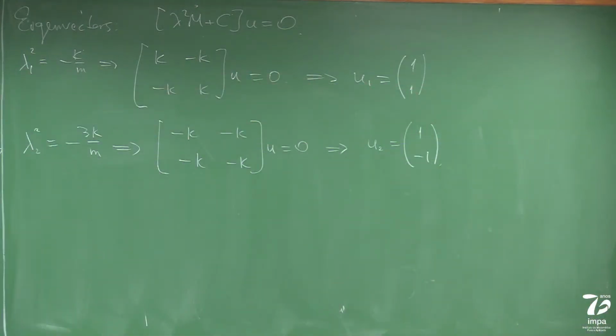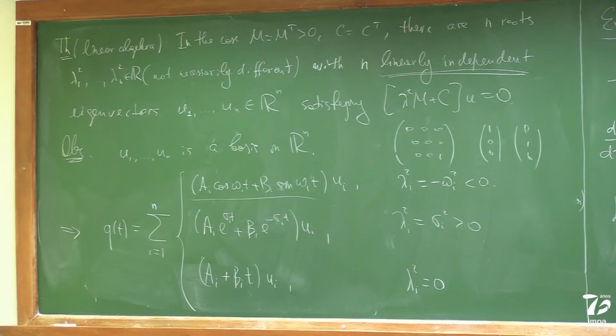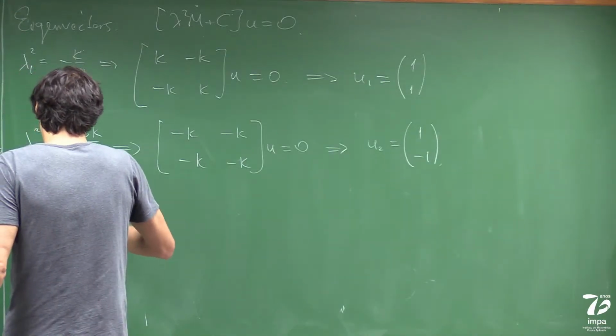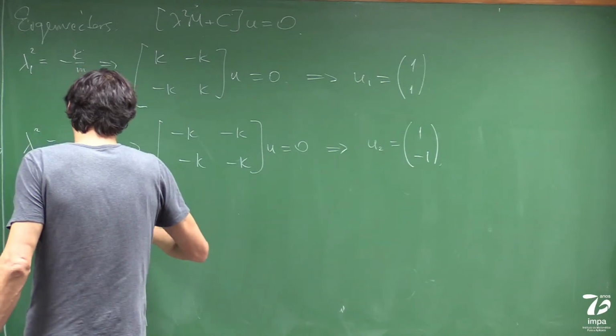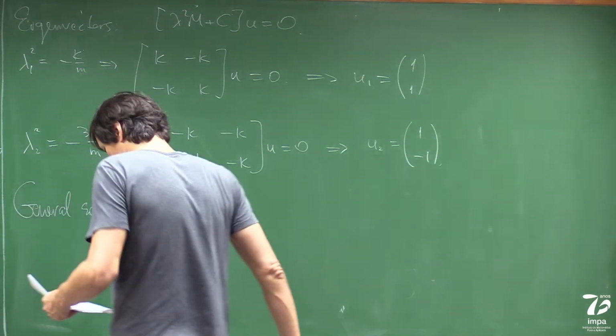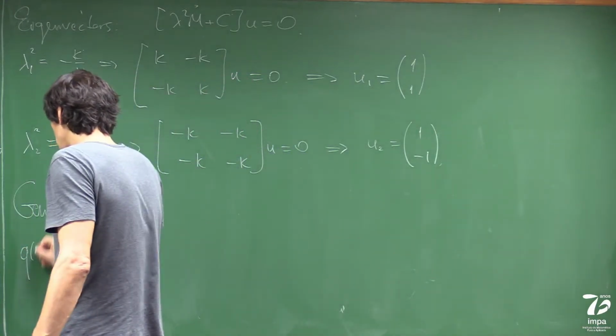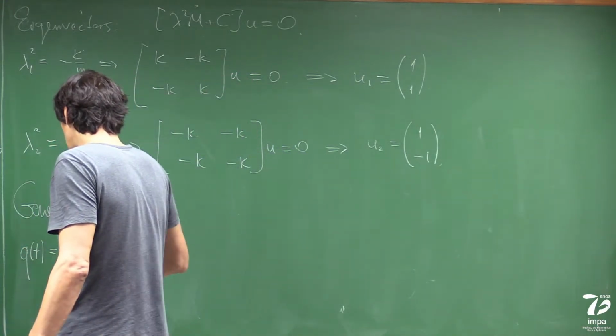And finally, we can use the general formula of the solution. We only have negative squares of the eigenvalues, so we can write a general solution as q of t, which is x1, x2.